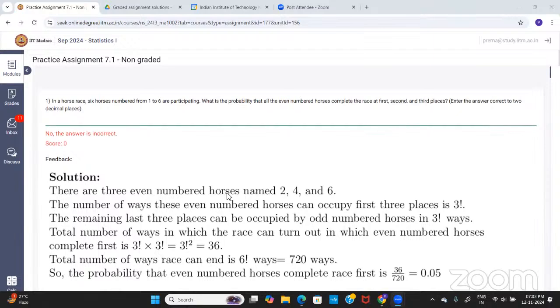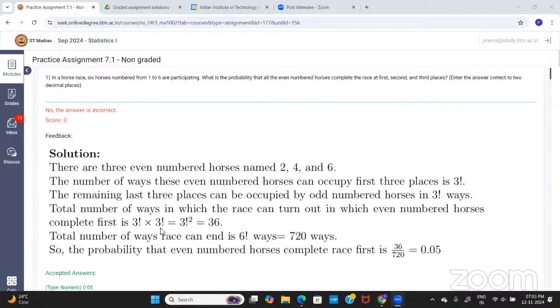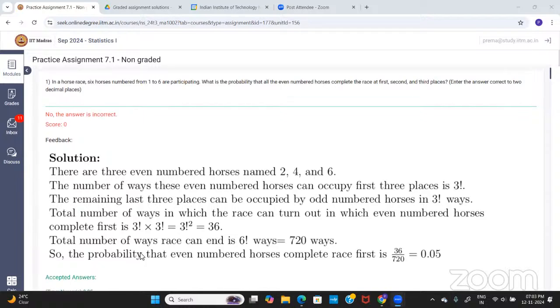The number of ways we can arrange these will be 3 factorial, in the first 3 places. Then the remaining three places can be occupied by the three odd numbers, also in 3 factorial ways. So the total number will be 3 factorial into 3 factorial. And the total number of ways for all 6 positions is 6 factorial.